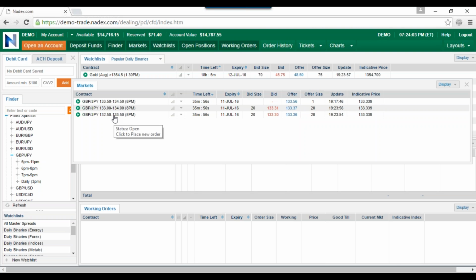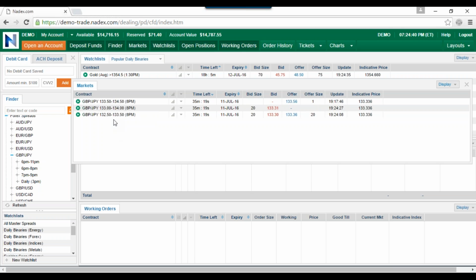That is the ceiling of this particular spread, isn't it? Because look at this spread. This spread is 133.50 down to 132.50. So that's the ceiling of this spread, right? Everybody understand that? 133.50 is the top of this spread. Everybody follow? Now look up here at the top spread. 133.50 is the bottom, the floor of this spread.